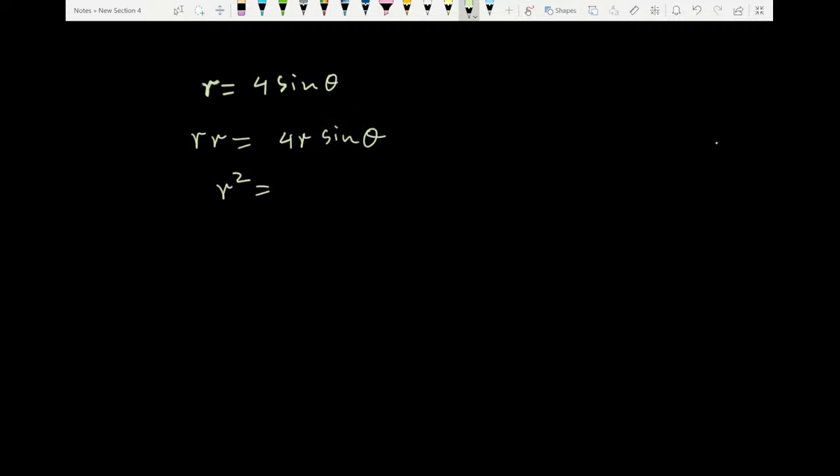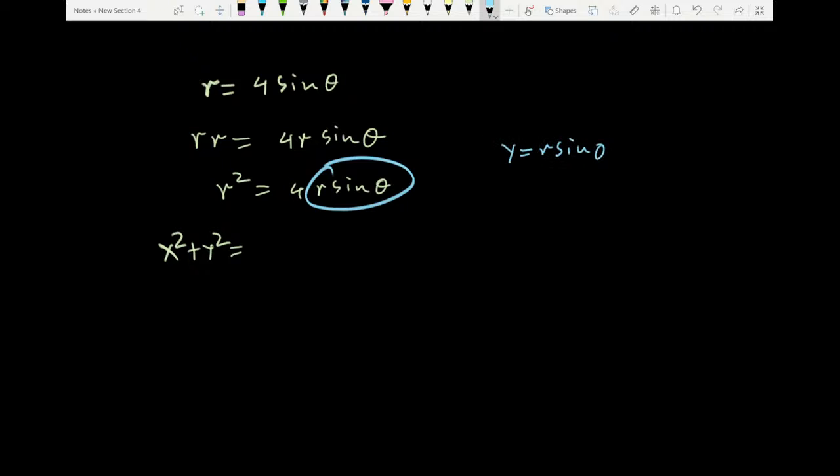So r squared equals 4r sine theta. I know r squared equals x squared plus y squared, and r sine theta is y, so I get 4y. If I bring this to the other side, I get x squared plus y squared minus 4y equals 0.